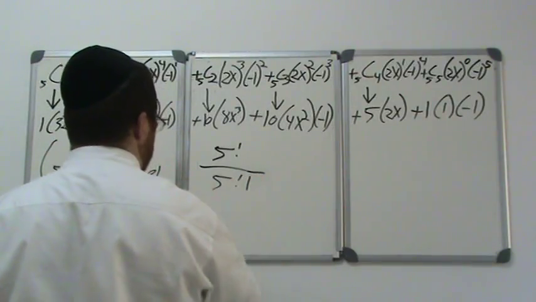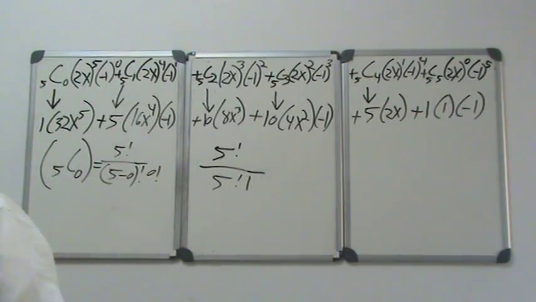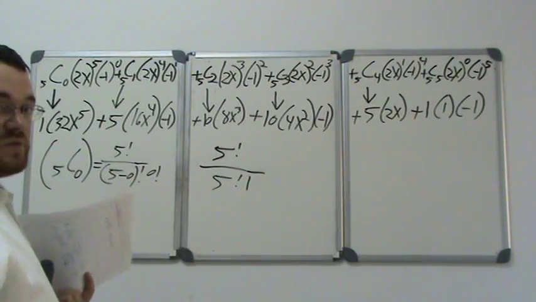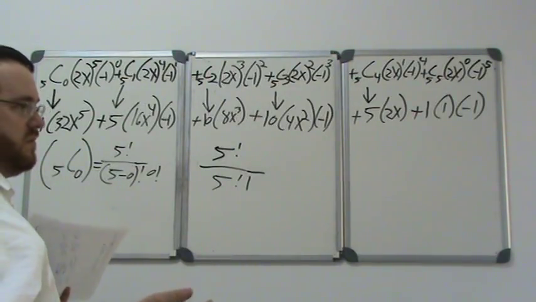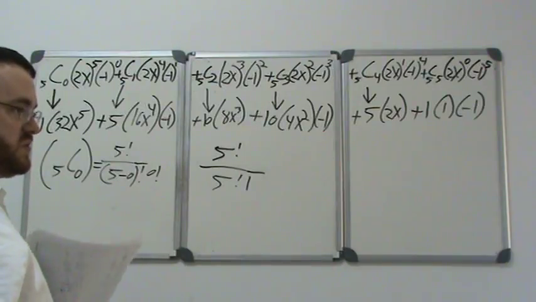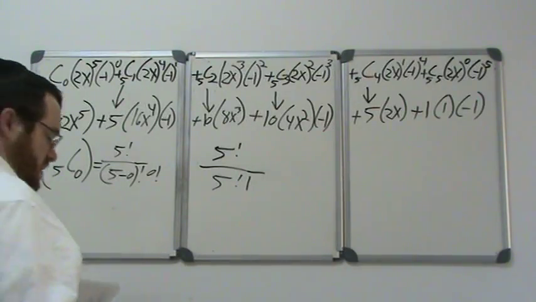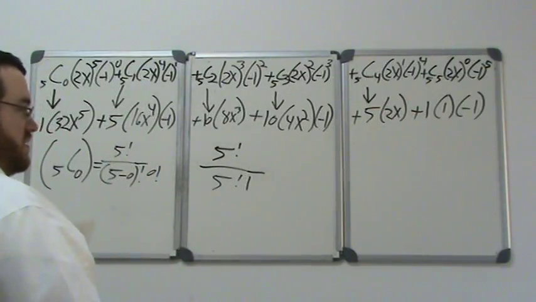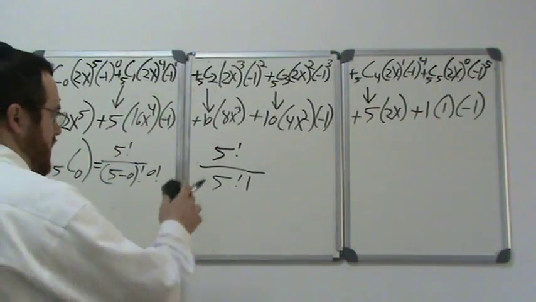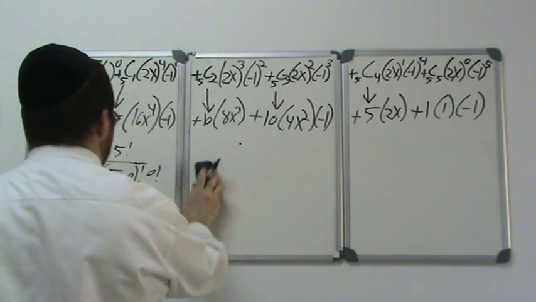So it's times 1. So 5 factorial over 5 factorial times 1: anything over itself is 1, and anything multiplied or divided by 1 is itself. When you multiply and divide by 1, you did not change anything. So 5 factorial over 5 factorial is 1.